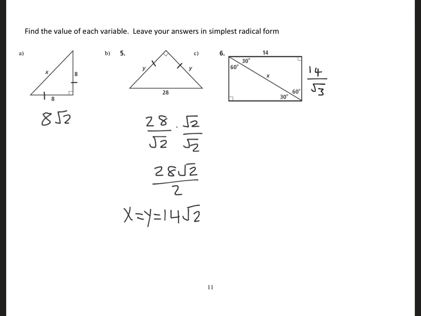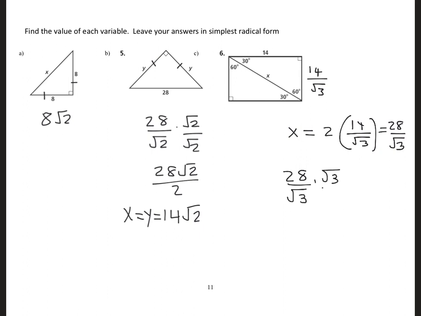And then to get to the hypotenuse, x is going to be 2 times 14 over square root of 3, which is 28 over square root of 3. You multiply by square root of 3 over square root of 3, so this is the same as 28 square root of 3 over 3. So that's how to evaluate special triangles.